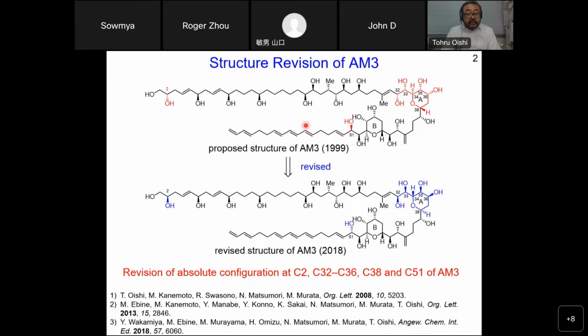As shown here, the corresponding stereogenic centers are antipodal, different from the originally proposed structure. So to confirm the absolute configuration revised in 2018, we emphasize the total synthesis of AM3 and comparison of the spectral data with those of the natural product.